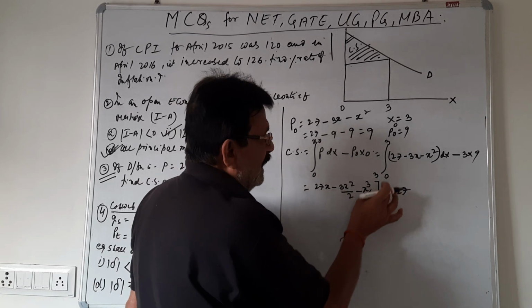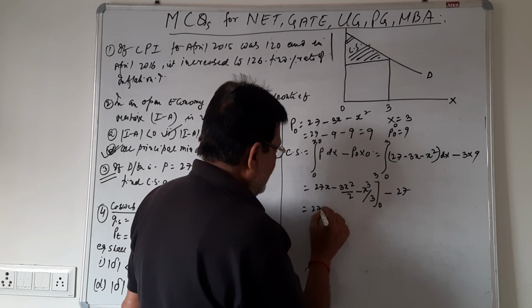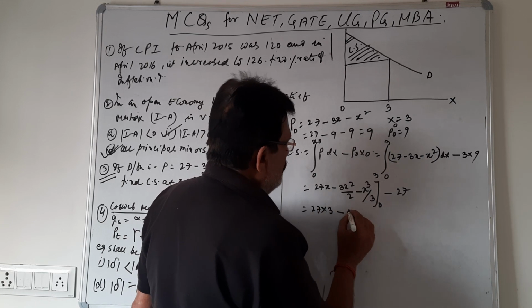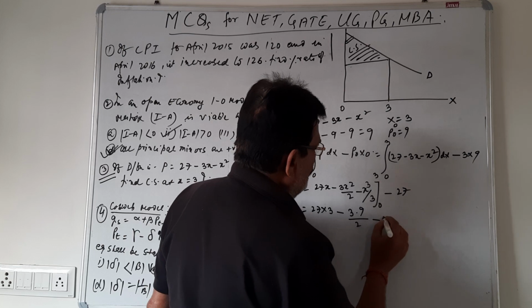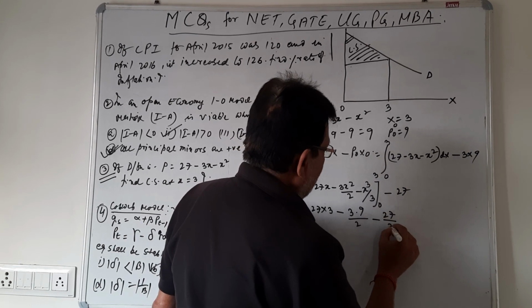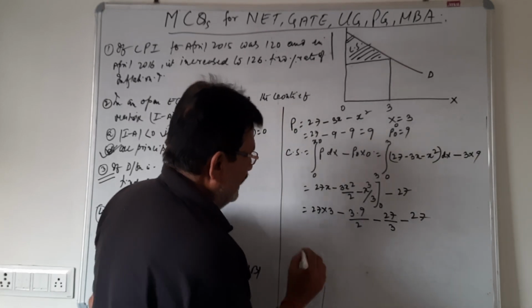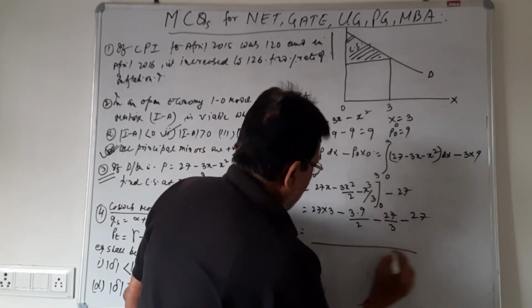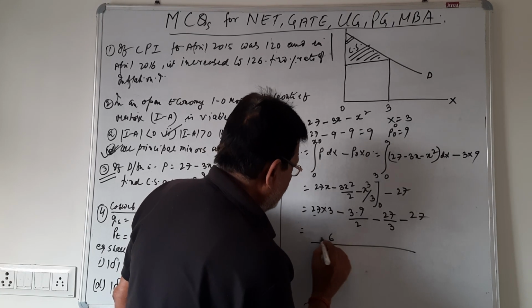Now we put the upper value in all these three terms: 27 into 3 minus 3 into 9 by 2 minus 27 by 3, and minus 27. So if we take the LCM, that will be 81.